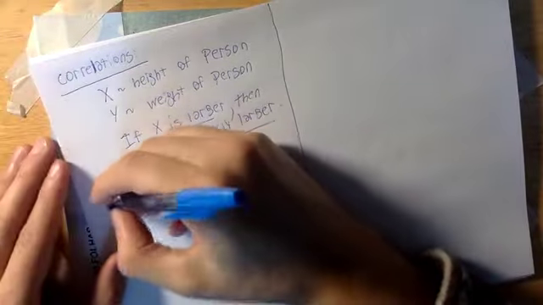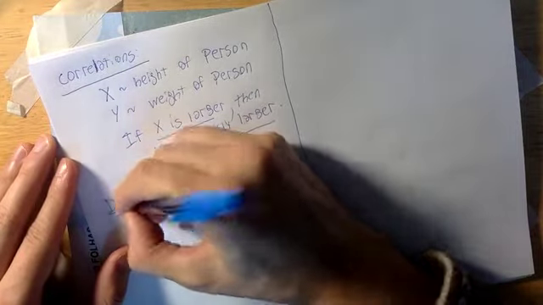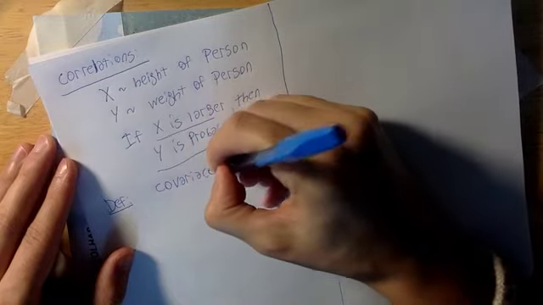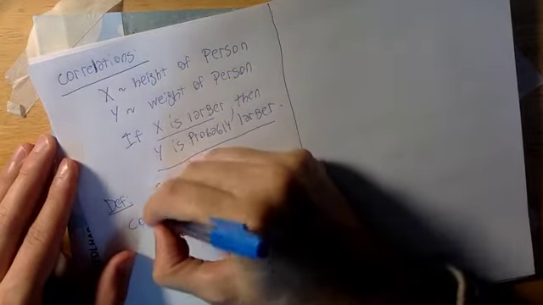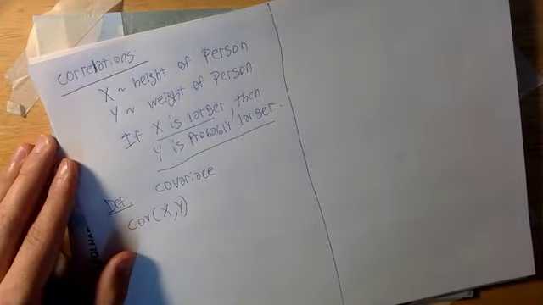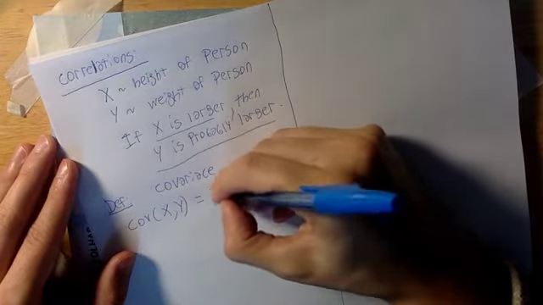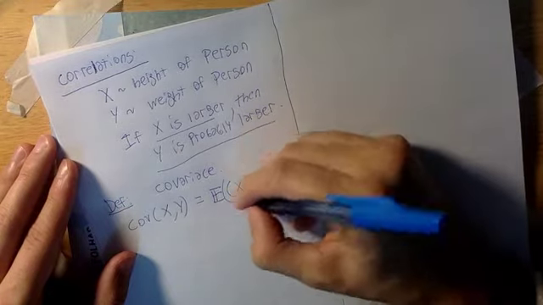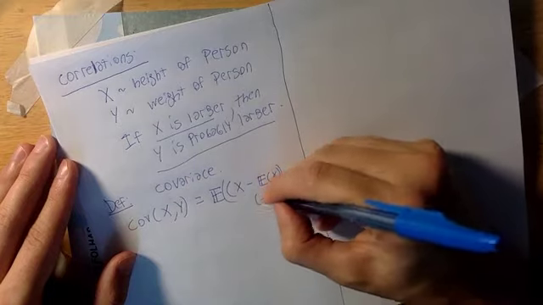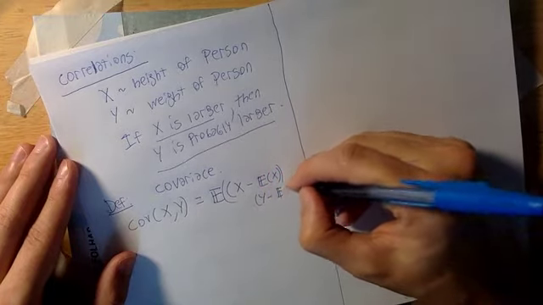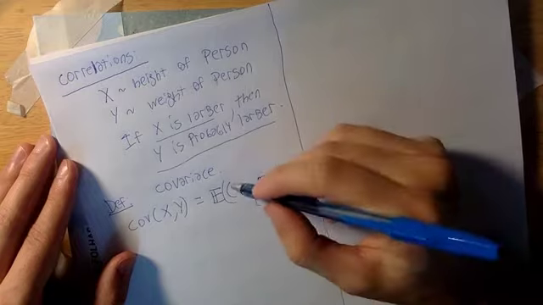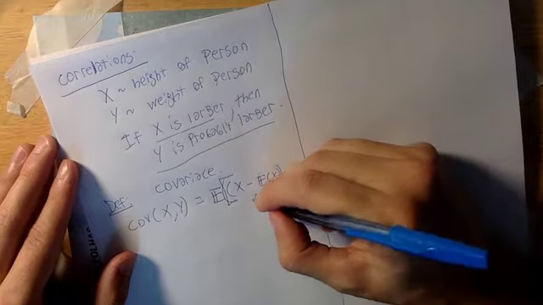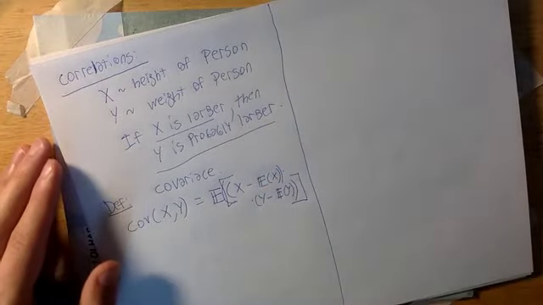Let's do a couple of definitions. I'm not going to give many examples. The definition of covariance between X and Y is the expectation of X minus the expectation of X, times Y minus the expectation of Y. Let's put these parentheses as a square bracket, and there is a multiplication.